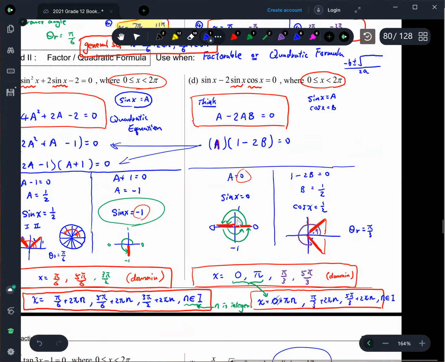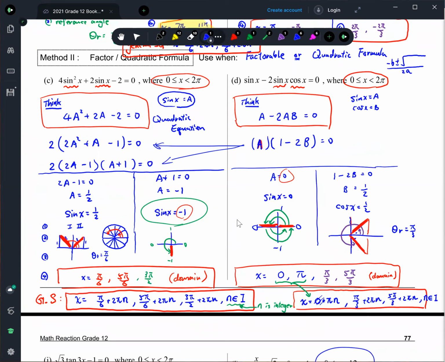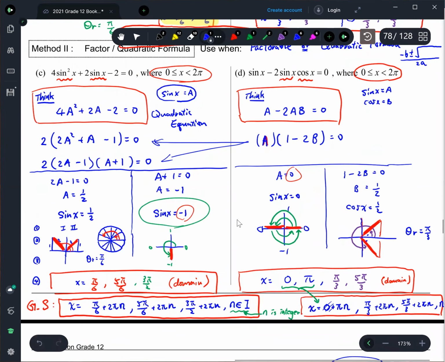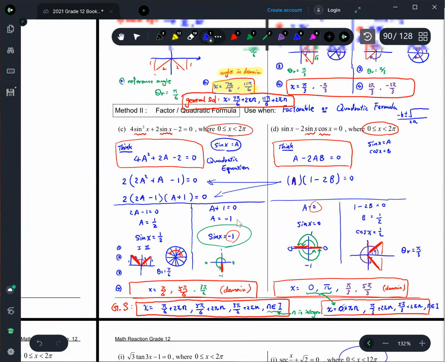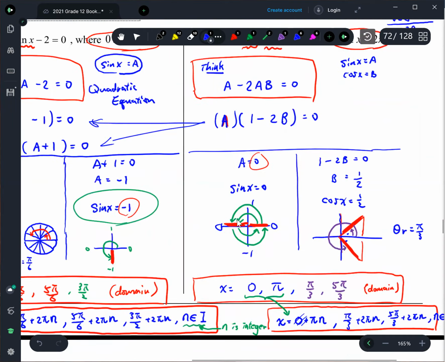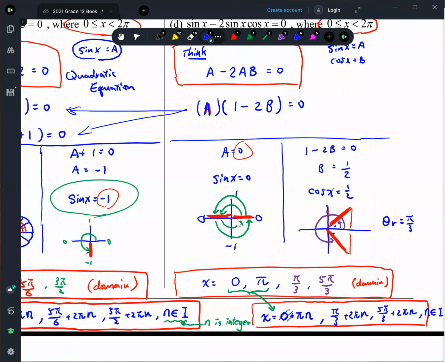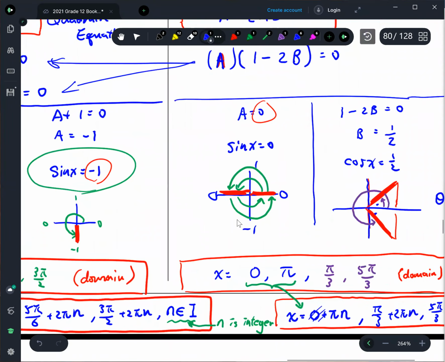Okay, so this is for general solution, how you go from angles in domain and then turn it into general solution. So make a little note. Oh, I'm running out of space. Okay, so find a space. I'll just add in here.